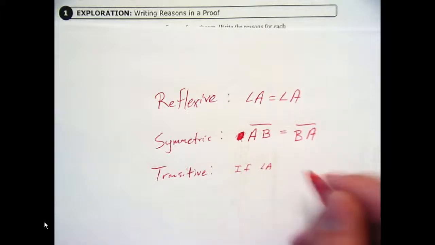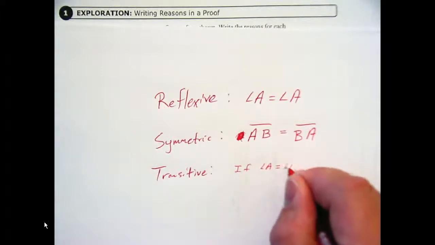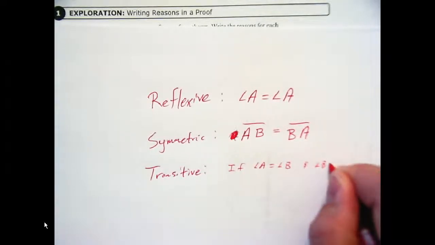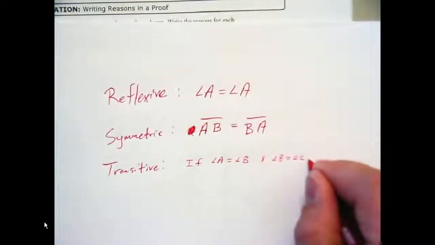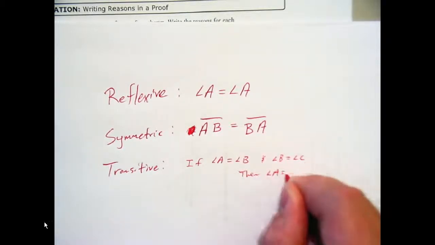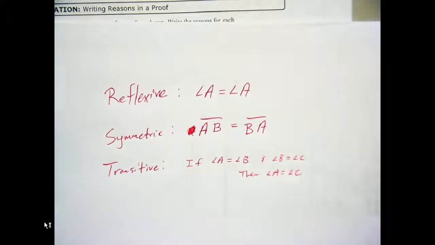Okay, so maybe angles here. If angle A equals angle B, and angle B equals angle C, then angle A equals angle C. Good? Transitive property. All right.